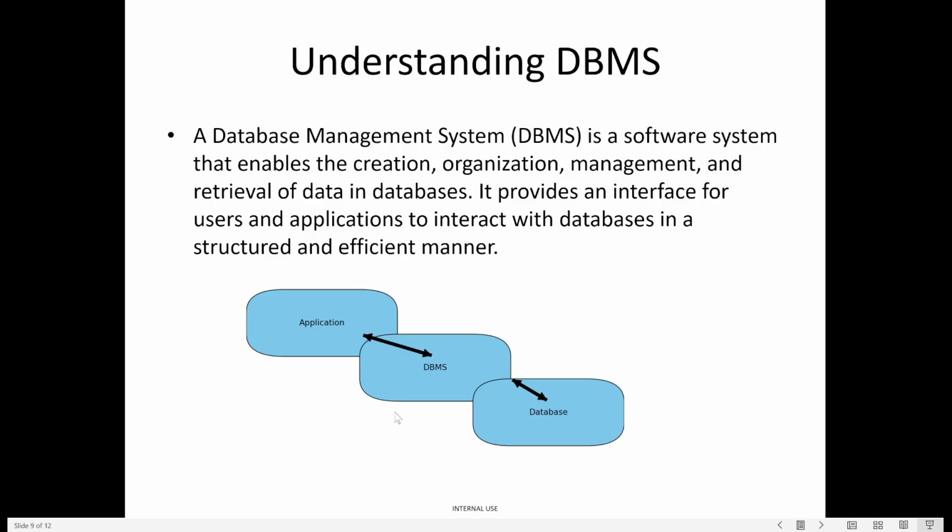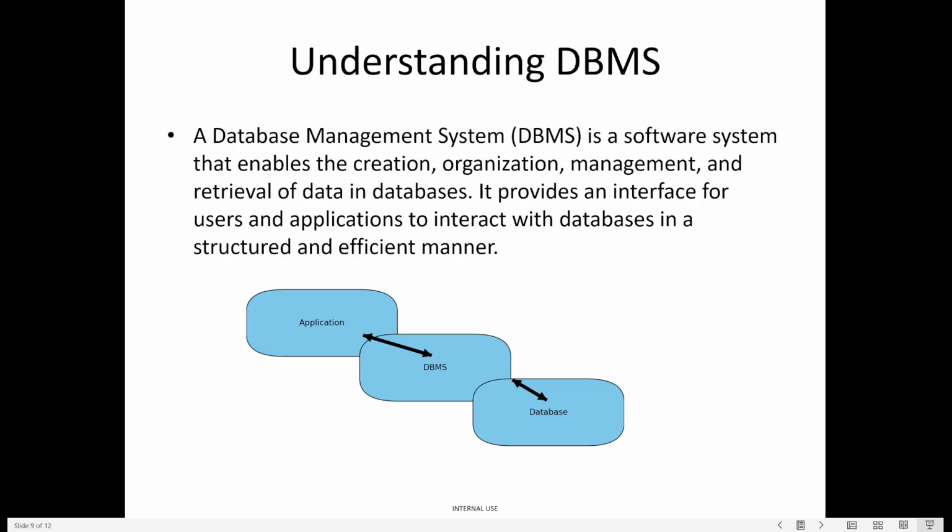The application layer, which you see here, is the website or the mobile app the user uses to get information about the flights, like the user input details such as departure city, destination city, travel dates, and passenger information. And then when the user sends a request, DBMS will receive this request to search for available flights that match the user's criteria.